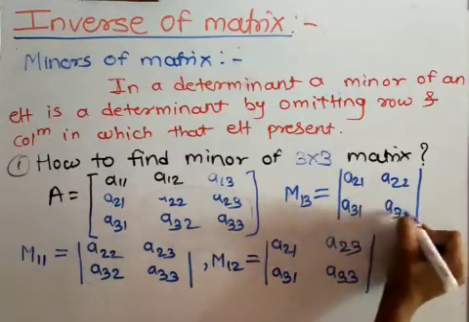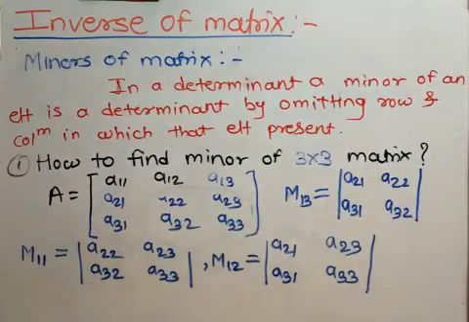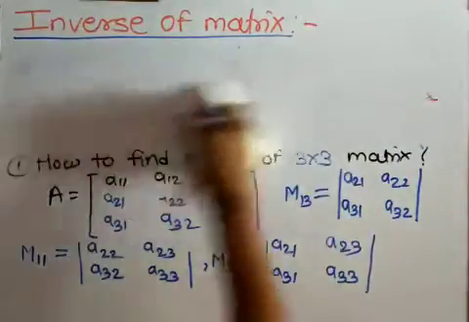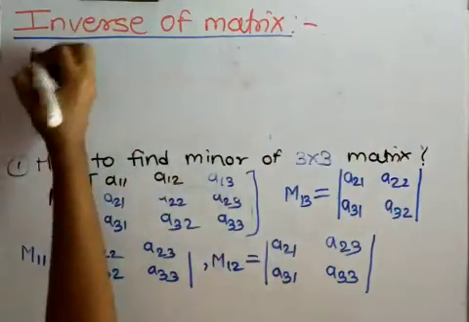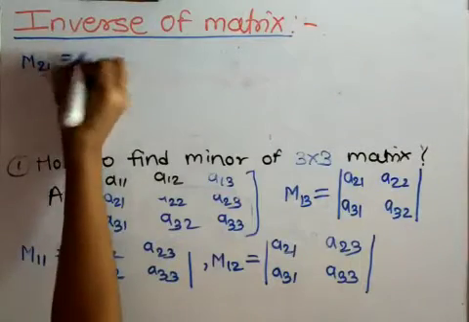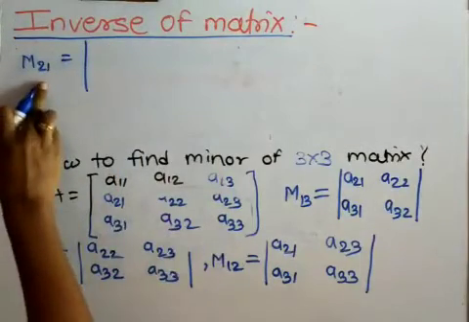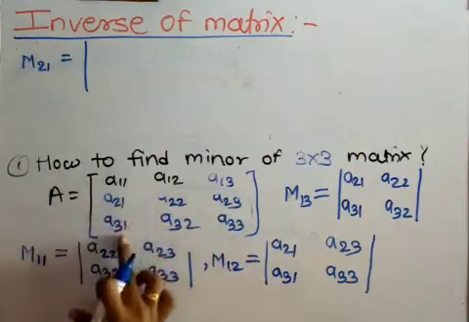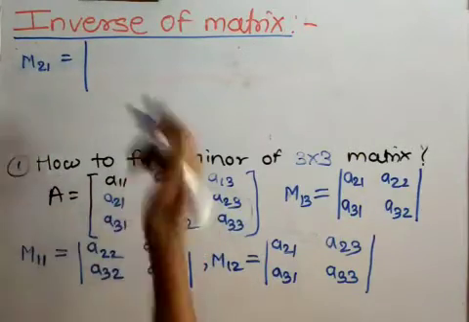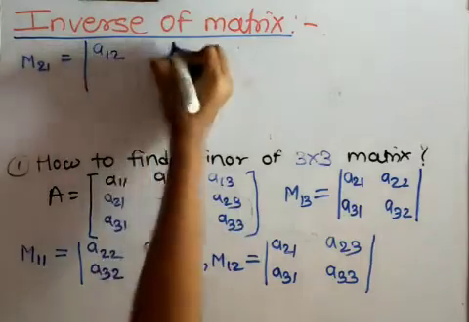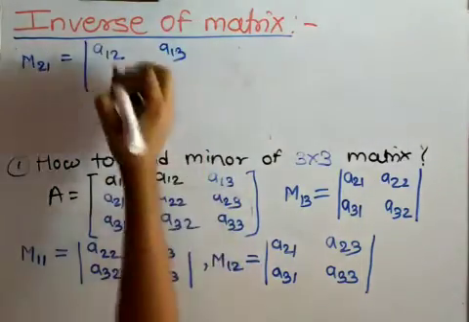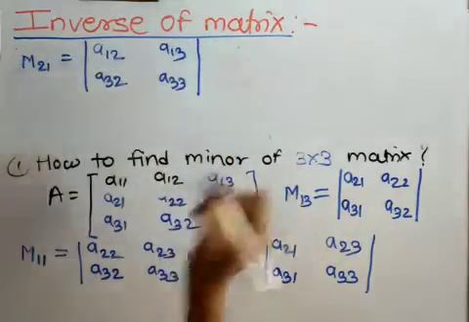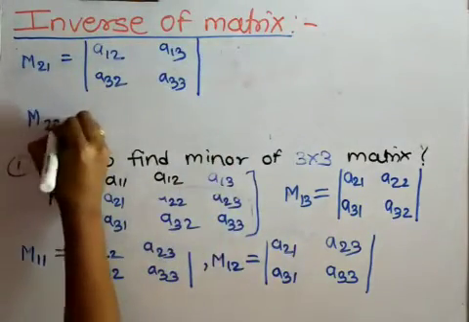Okay, and so on. Suppose M21. So we neglect the second row and first column. So the remaining part is A12, A13, A32 and A33. Right? Okay. Next, M22.